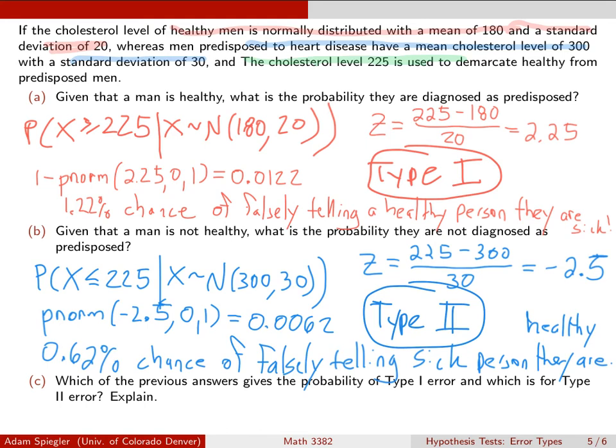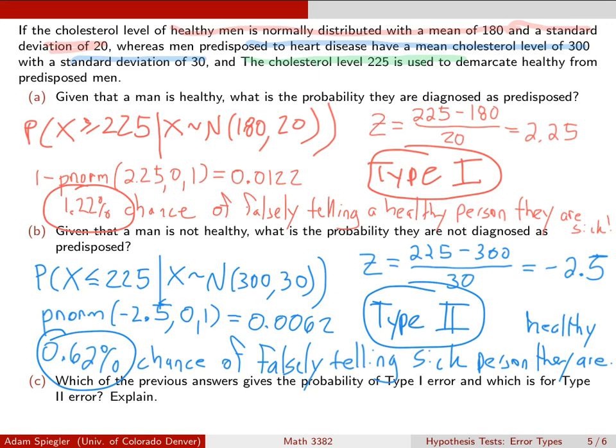In this case, the type 2 error is about half as much as the type 1 error, 0.62% compared to 1.22%. The type 2 error is probably worse to make in this scenario, so that's why they would want this error to be a little bit lower.